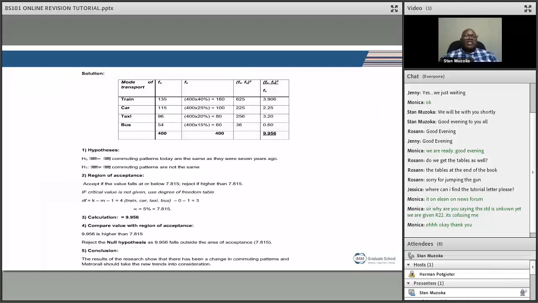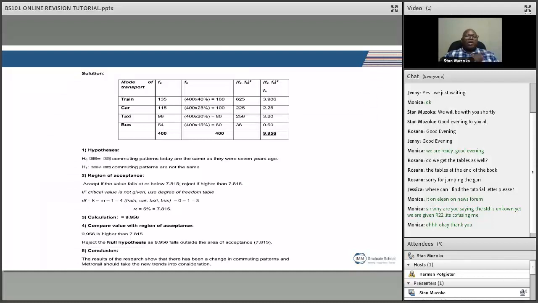And then you are told that many years ago 40% used the train. 40% of 400 is 160, 25% of 400 is 100, 20% of 400 is 80, and 15% of 400 is 60. So now you've got your observed and your expected.